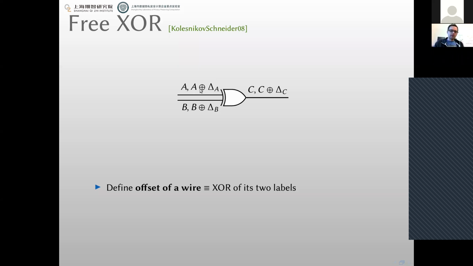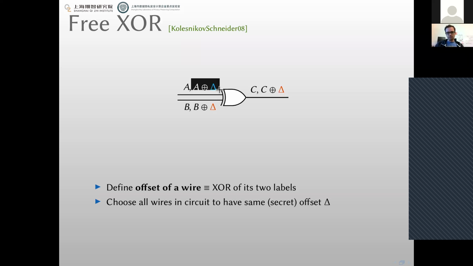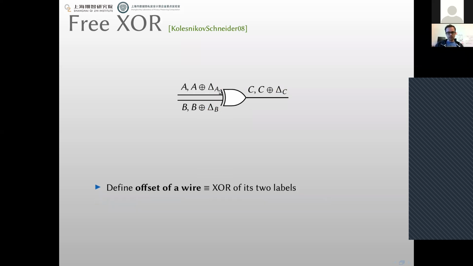Then instead of writing the labels as A0 and A1, I'll write them as A0 and then A0 XOR the offset. Every wire has a different offset. So I'll write delta A as the offset of this first wire, and delta B as the offset of this next wire. So A is the label that means false, and A XOR delta is the label that means true.